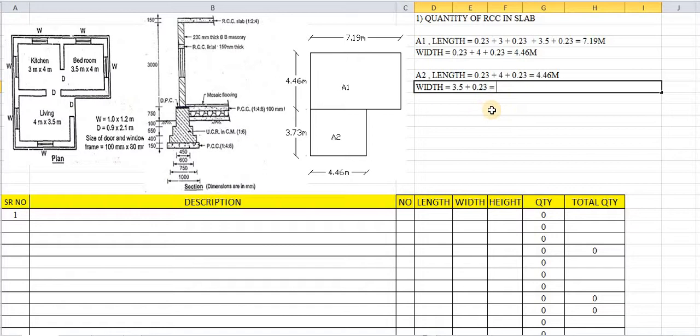So 3.5 plus 0.23 comes to be 3.73 meters.